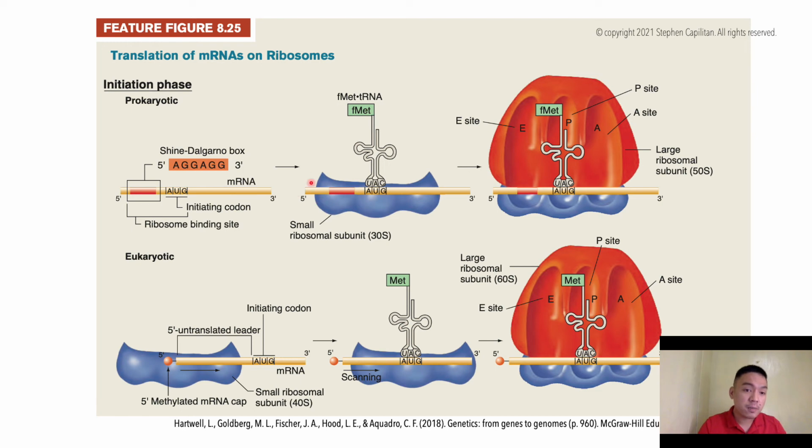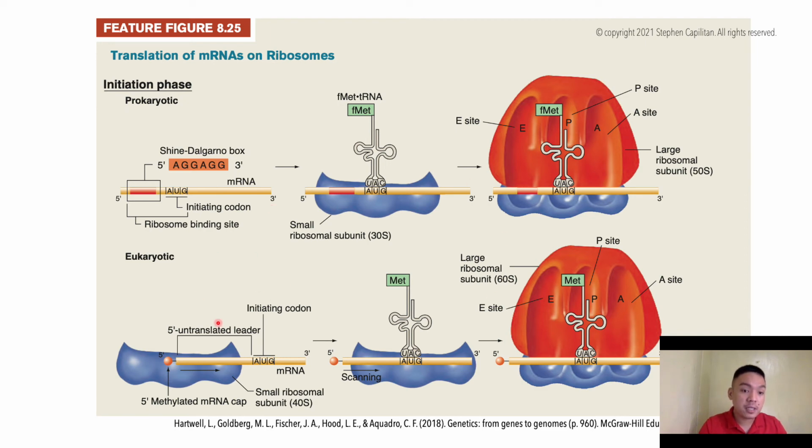So what's special about prokaryotes is that they have the Shine-Dalgarno box and the initiating codon of F-met, and it passes through the large 50S subunit of the ribosome and is read in the P site, the peptidyl site.